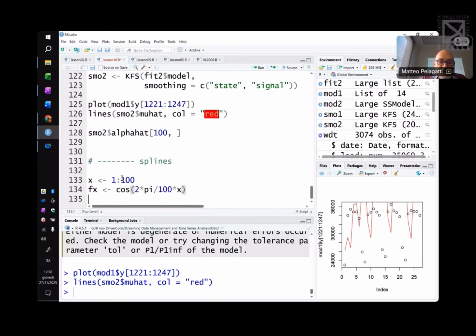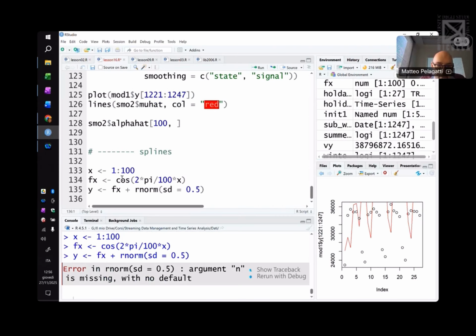And then let's build a y that adds some noise to the function. Of course, I don't want the noise too big because this goes from -1 to 1, so maybe it's just with the standard deviation equal to 0.5. Let's see if it's something reasonable.